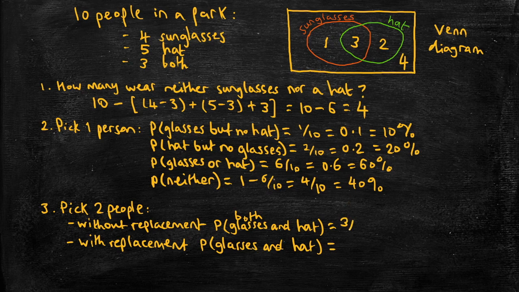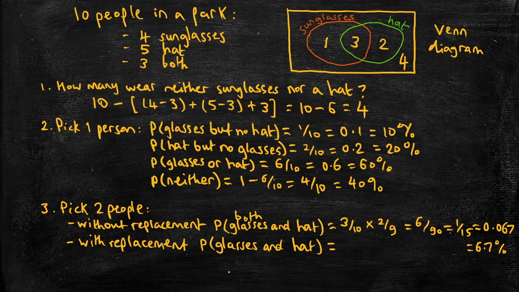So 3 out of 10. But then the second person, we've only got 9 people left to pick from, and we've already picked one of the people who have both sunglasses and a hat on, so there's only 2 people left who have both sunglasses and a hat on, so 2 out of 9. So if we multiply that out, we'll get 6 over 90, which is the same as 1 out of 15, which is the same as 0.067 or 6.7%.